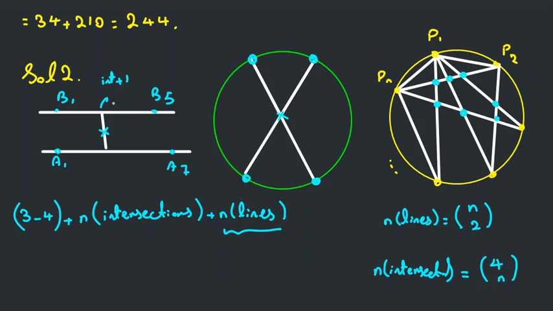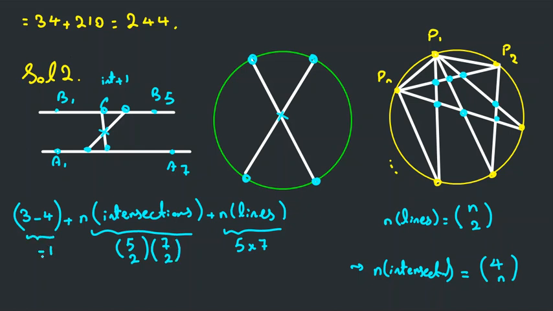Number of lines is easy, 5 times 7, 35. Okay. Number of intersections. If you want to use the same idea, each intersection corresponds to how many points? 2 points here, 2 points here. So it will be 5 choose 2 times 7 choose 2. Okay.